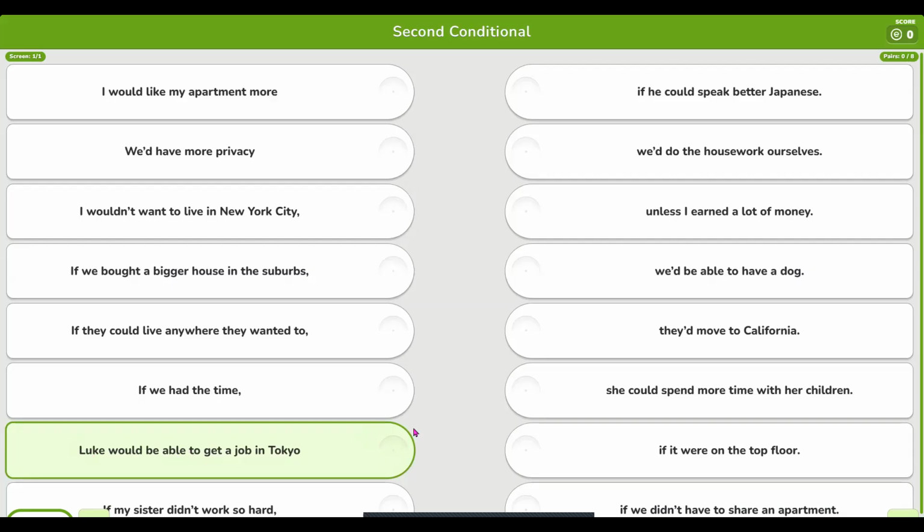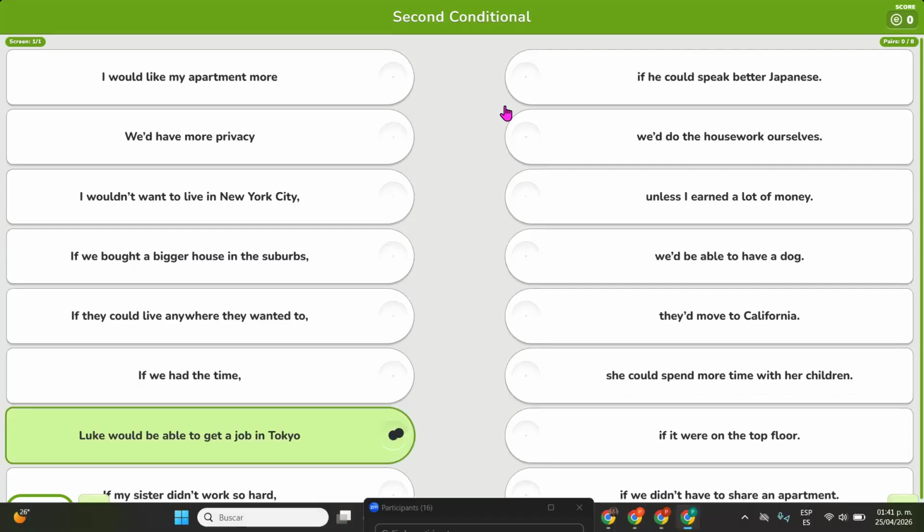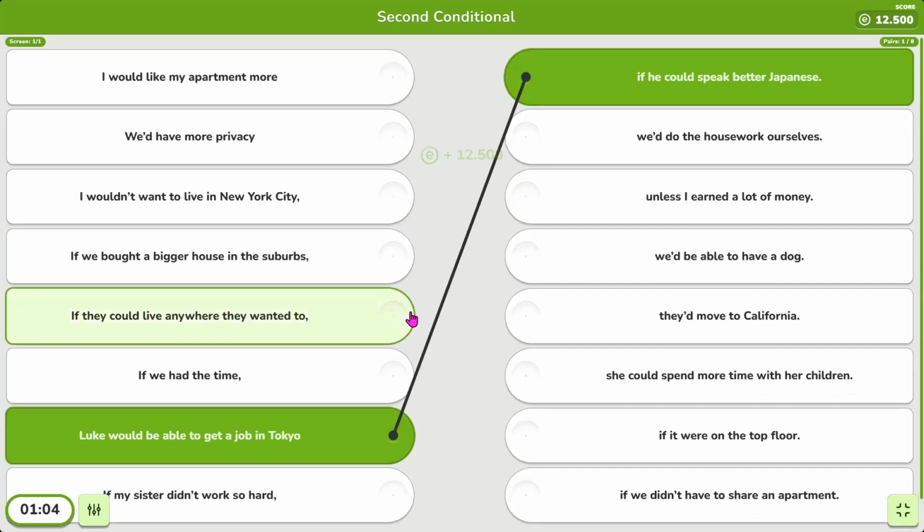First, if he could speak better Japanese. Japanese. That's right. Very nice.